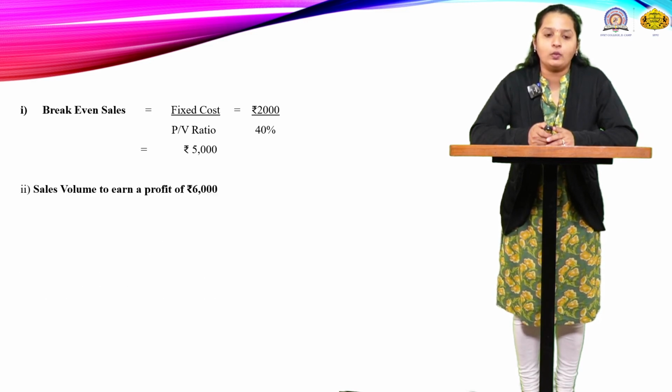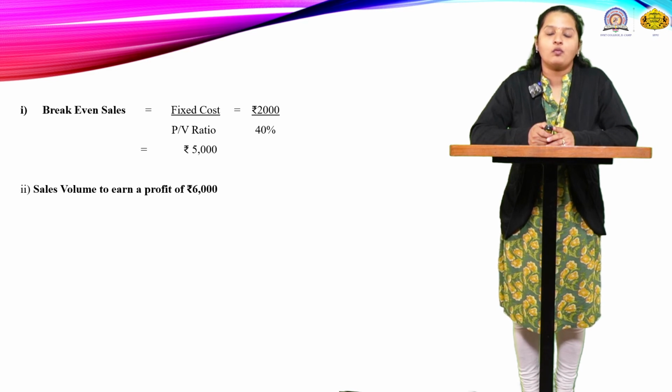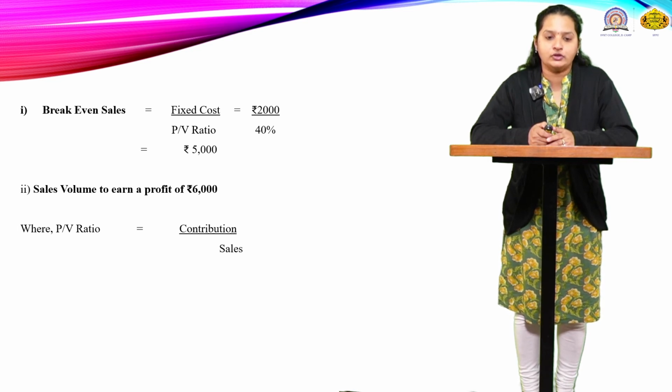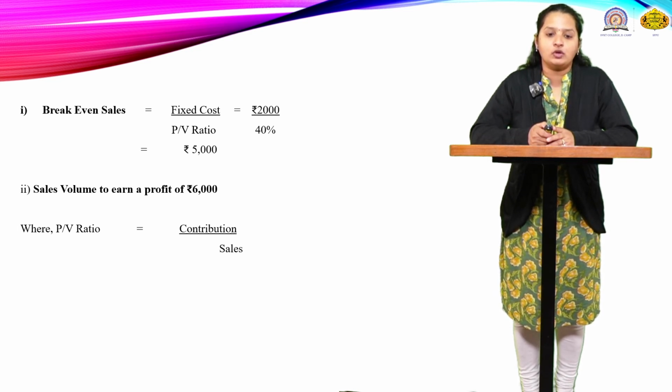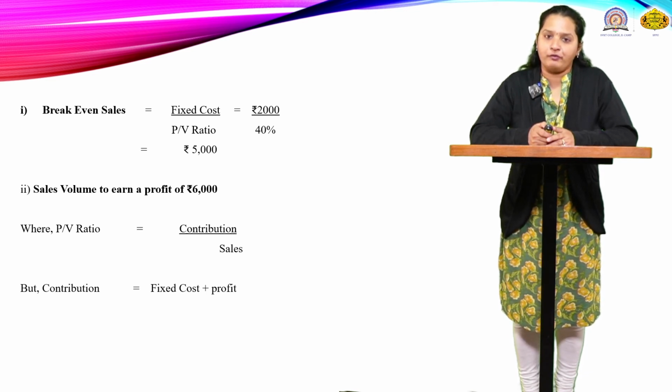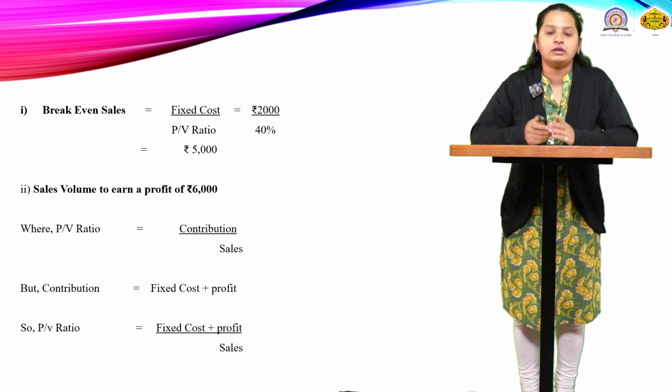Thereafter, they also required us to calculate sales volume to earn a profit of rupees 6,000. So in the desired profit calculation, PV ratio is equal to contribution upon sales, but contribution is equal to fixed cost plus profit. So there are two formulas for calculating the contribution. Either you can deduct the variable cost from the sales, or you can add the profit to the fixed cost.